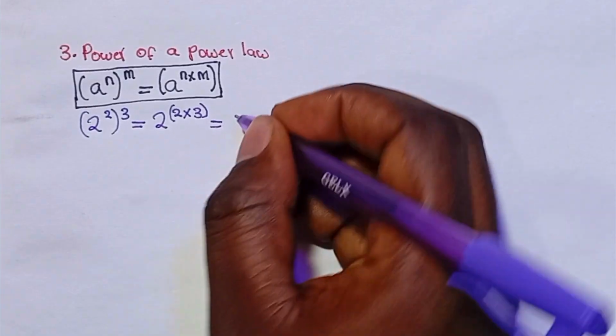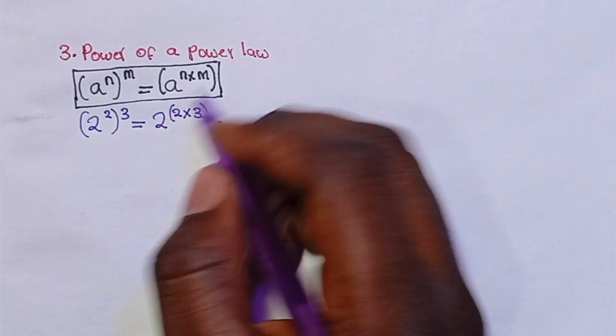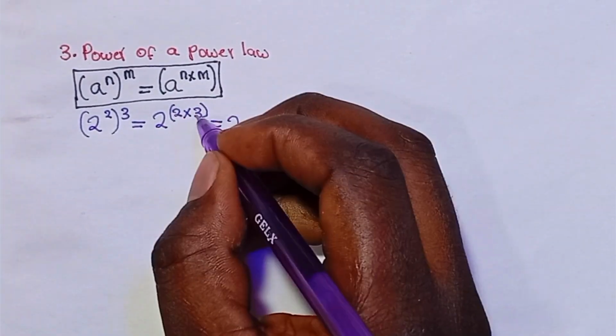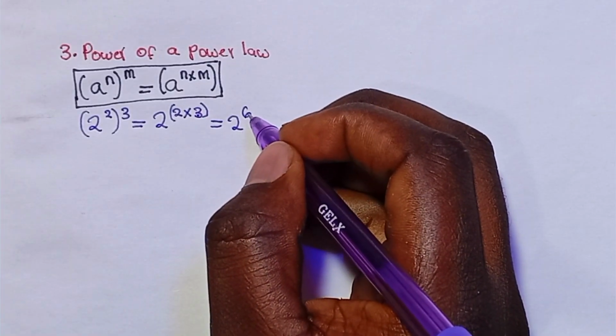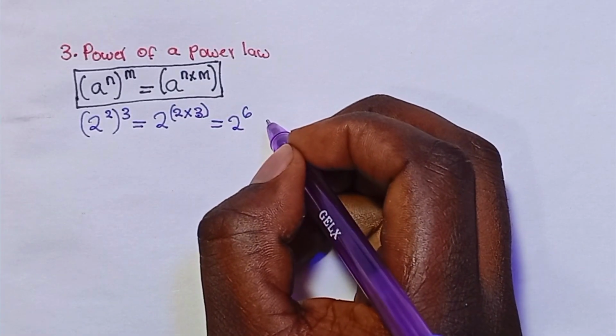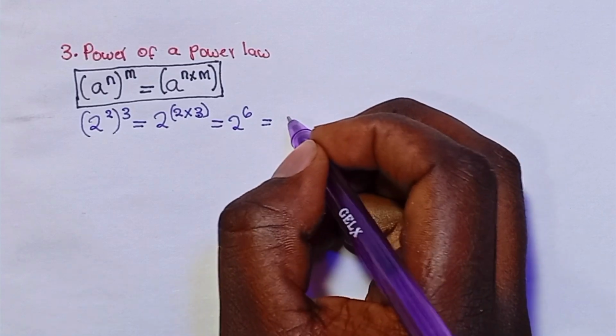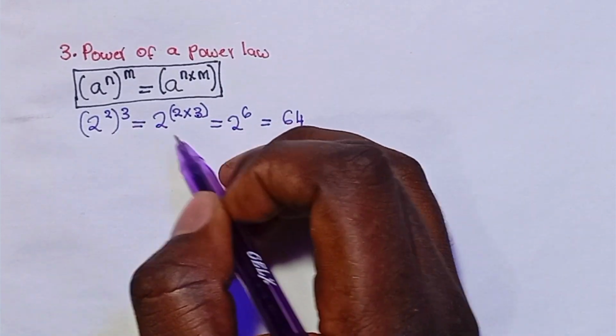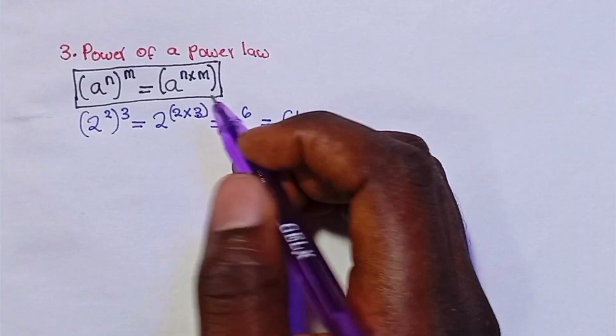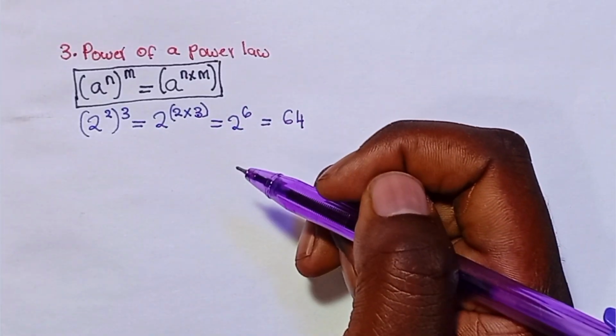This is the same as 2 raised to 6, which is 64. I'm using small value numbers so that it can be easy for us to do so.